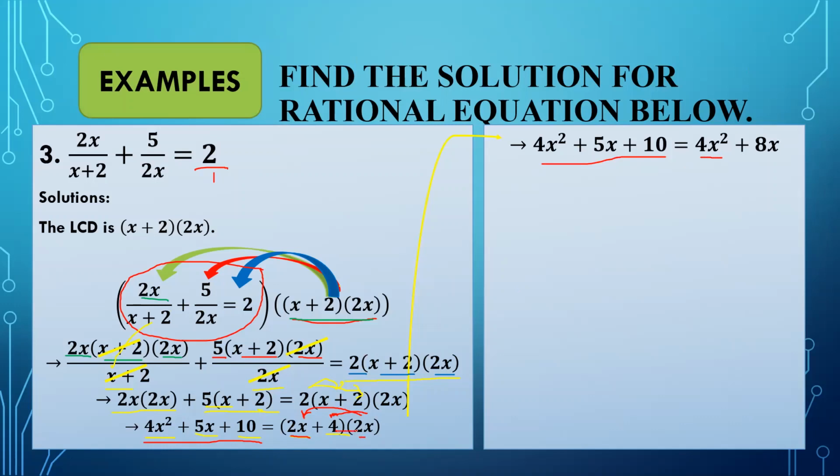Then 4 times 2x is 8x. Therefore, we have this expression: 4x squared plus 5x plus 10 is equal to 4x squared plus 8x.